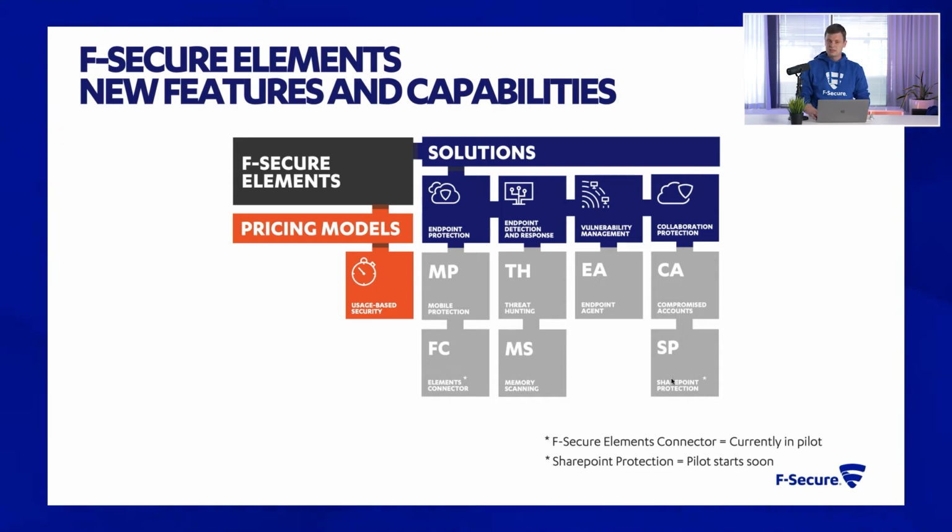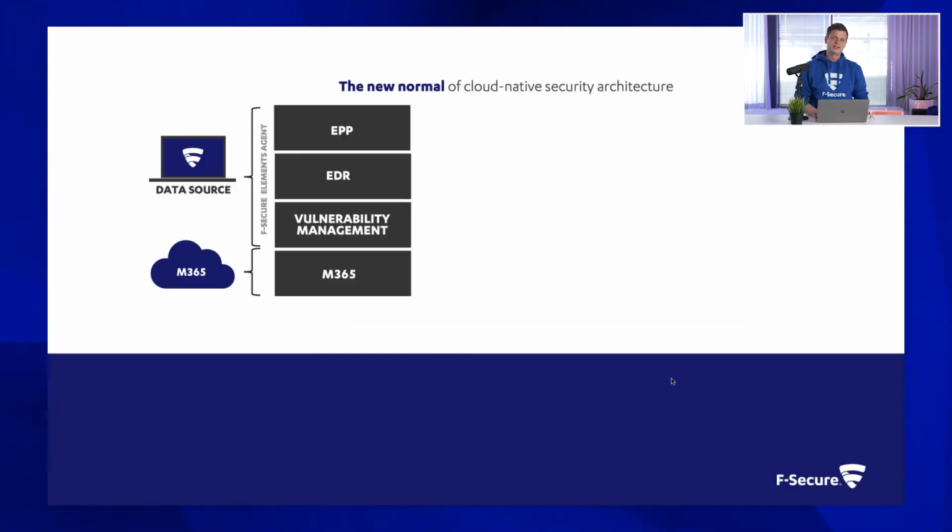And the new thing that we are currently cooking is SharePoint protection. At the moment we can protect email, but soon we will protect SharePoint, and maybe we will start to protect some other components there. Stay tuned.